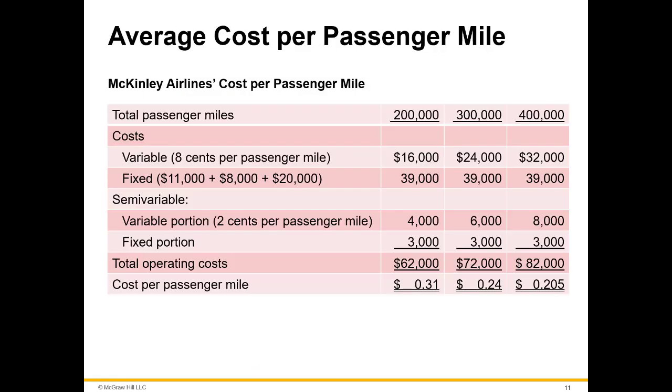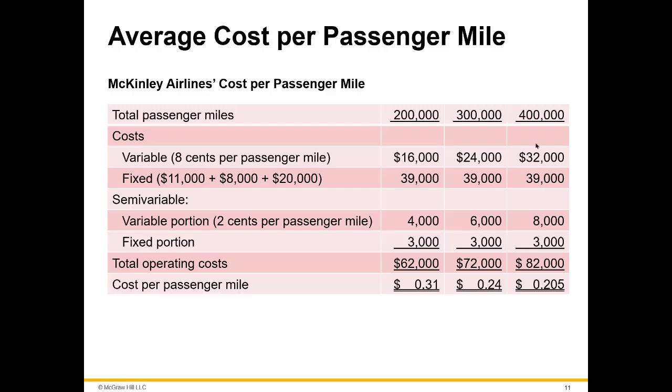And we can also see that here. So here's the detail of what we just ran. It's got the variable, it's got the fixed, and it's got the semi-variable. And you can see the cost per passenger mile decreases because the fixed costs stay the same. So if we do 200,000, then it's going to have a certain cost.